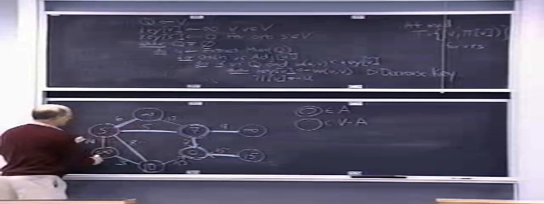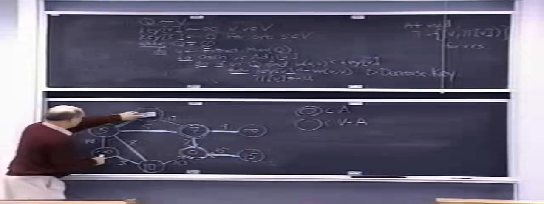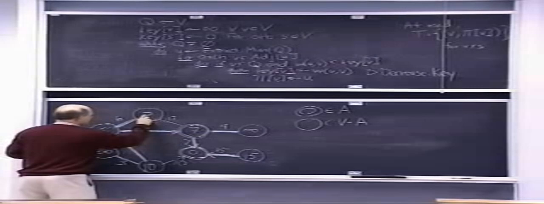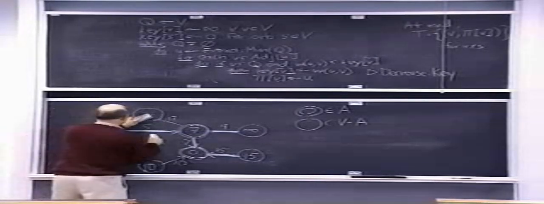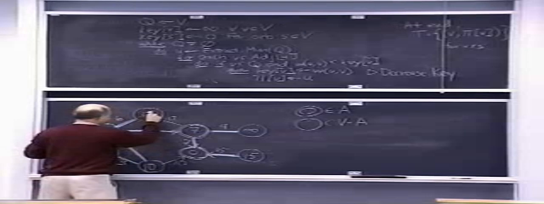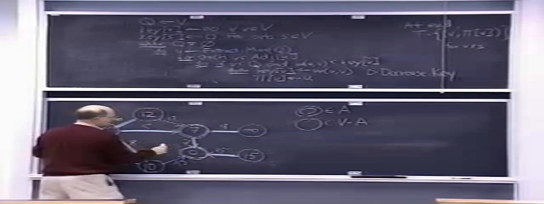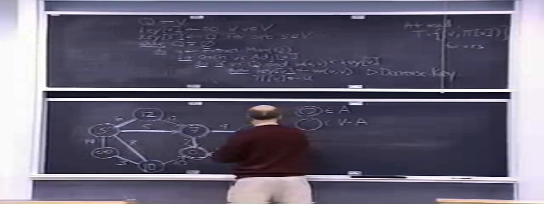And this one becomes 7. Oh, and I also changed the pointer. This one becomes 7. Whoops, 12. This becomes 12. Change the pointer there. And 9. Change the pointer there.